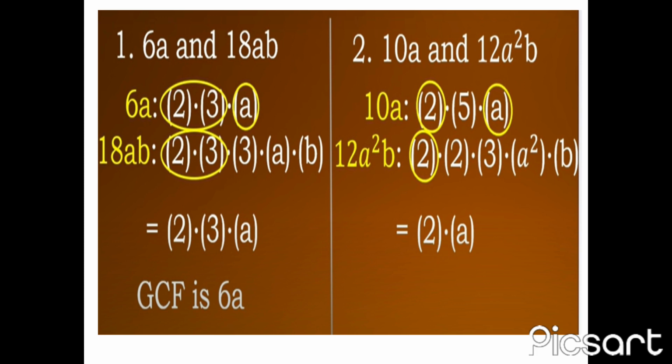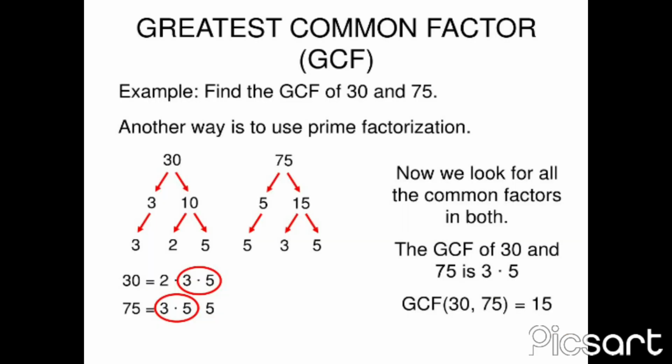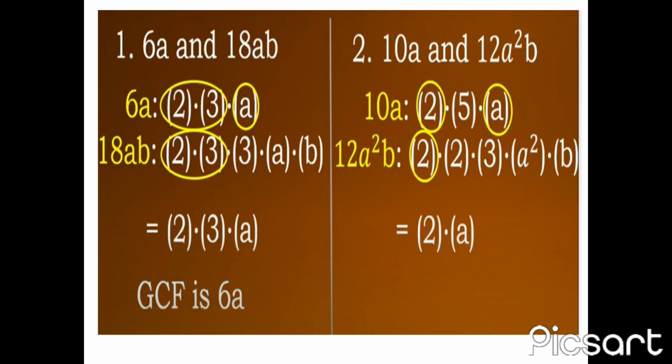The common factors for both are 2 and 3, and they also have the common letter a. So the greatest common factor of 6a and 18ab is 2 times 3 times a, which is 6a.